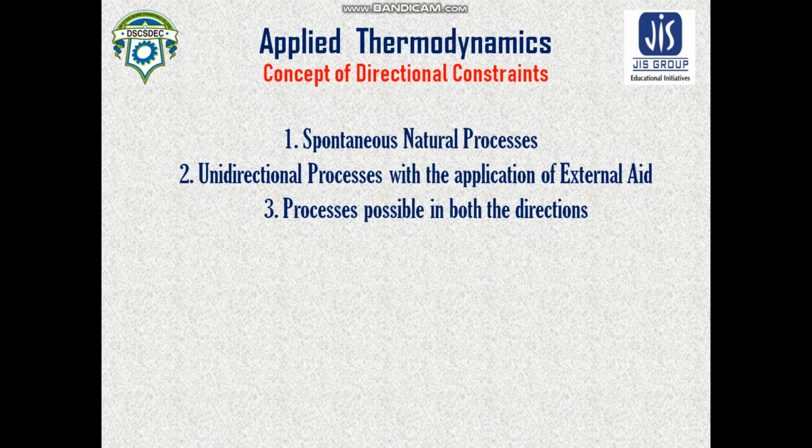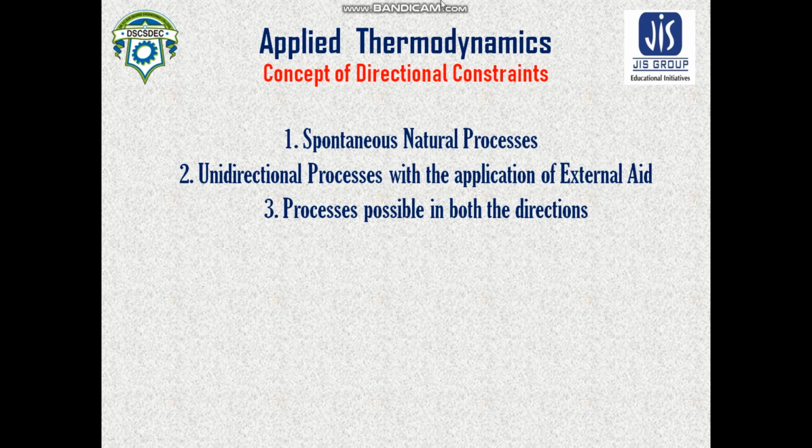So there are some unidirectional processes which occur with the application of external aid, but still they can occur in a single direction only. The opposite of these thermodynamic processes cannot occur.